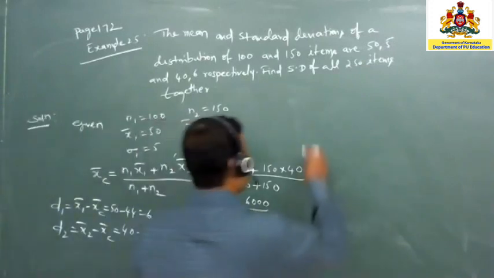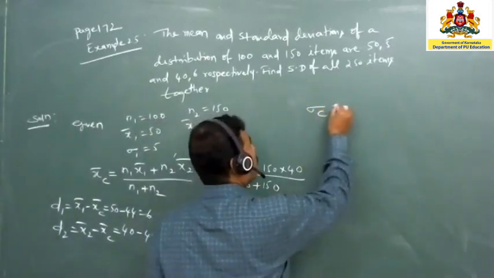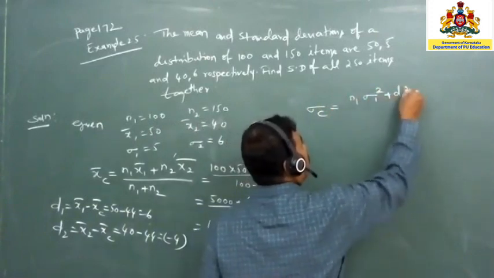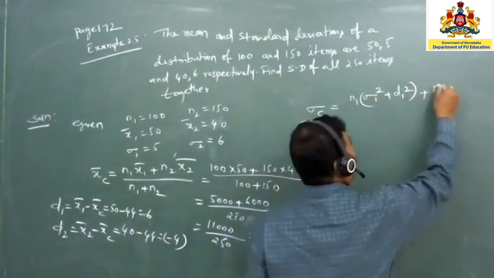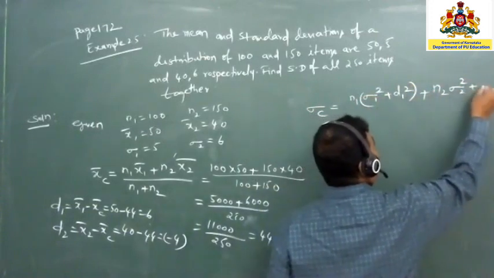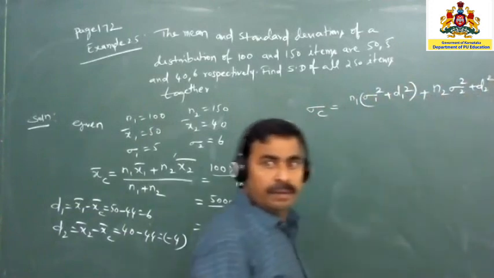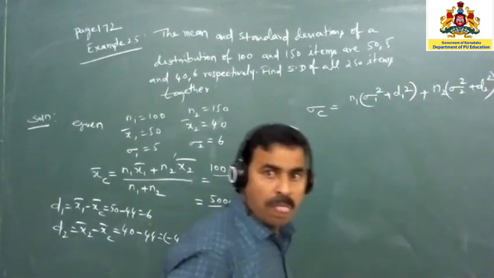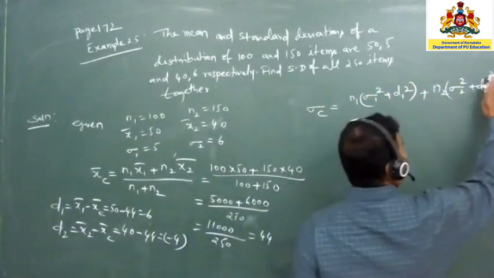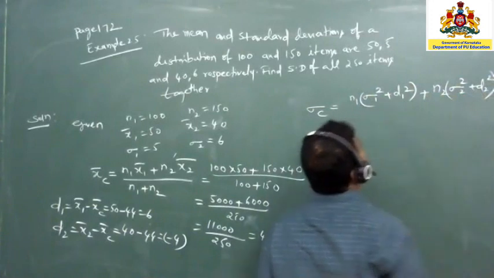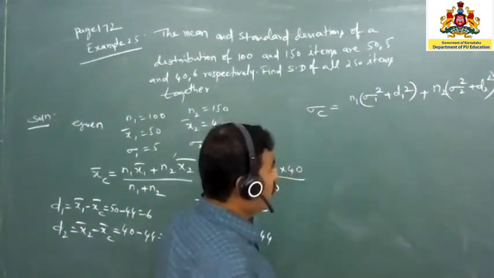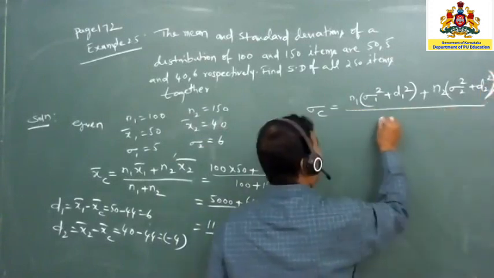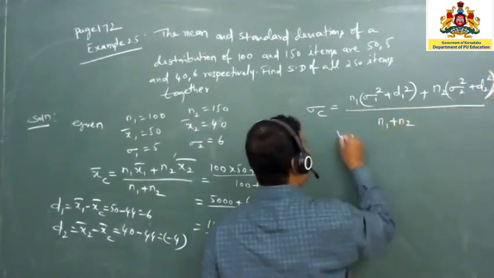Combined standard deviation sigma c equal to square root of n1 sigma 1 square plus d1 square plus n2 sigma 2 square plus d2 square by n1 plus n2.